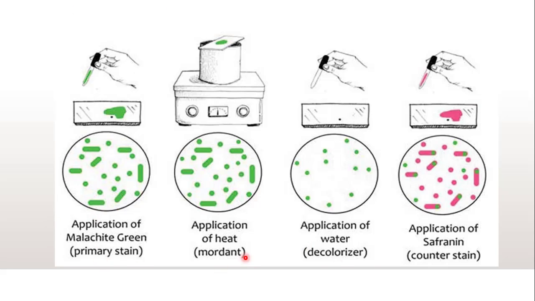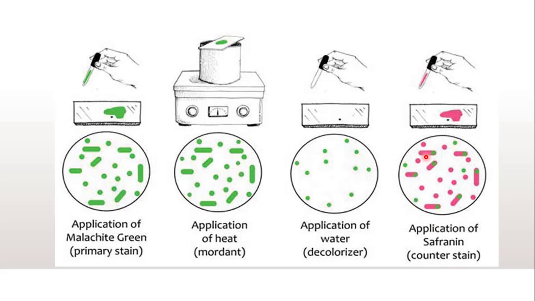Now application of water will act as a decolorizer, and the bacteria other than the spores will lose this primary stain on application of the decolorizer, and they will capture the counter stain, that is safranin, which is the secondary stain.